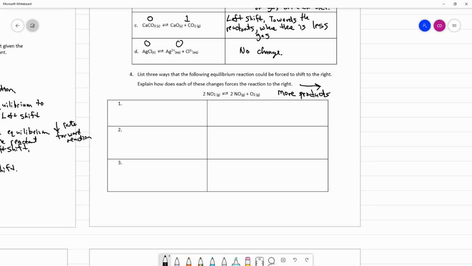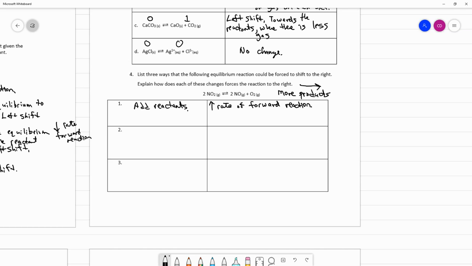Okay, so we're not told anything about temperature in this question, so we don't know how temperature changes will affect the equilibrium, but we do know a couple of things. We know that if we add products, oh, my bad, add reactants, that will cause the reaction to shift to the right. So that increases the rate of the forward reaction, and this will produce more products.